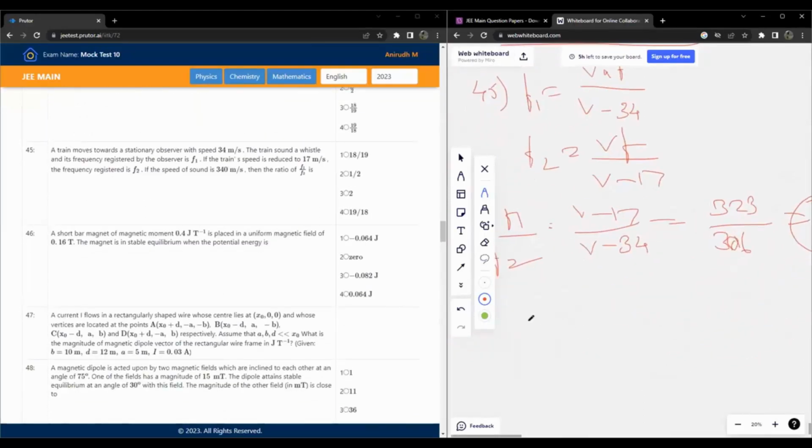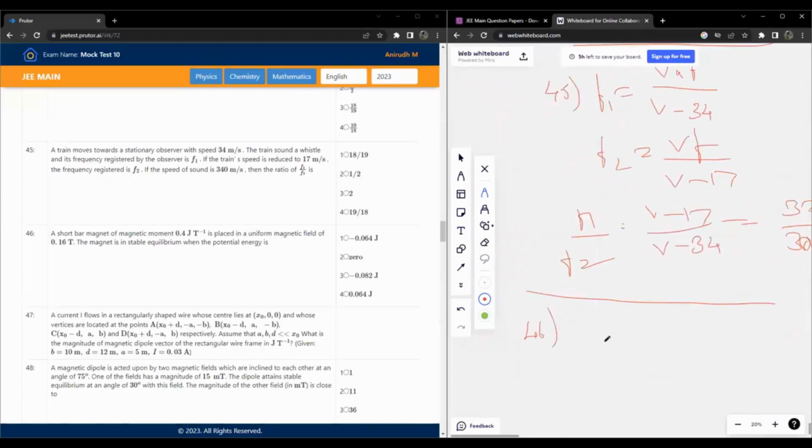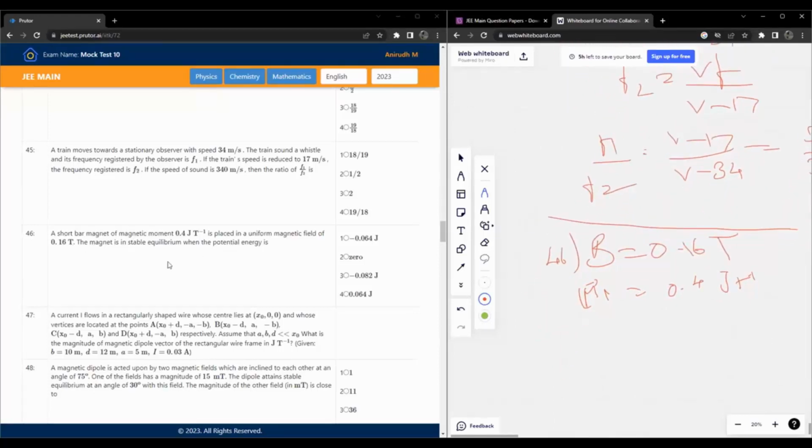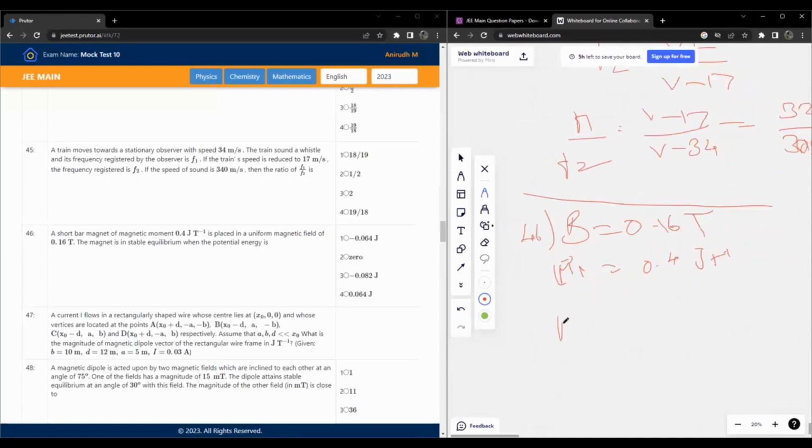46. A short bar magnet, magnetic moment 0. B is equal to 0.4. It's given by 0.4 joule per second. So the magnet is in stable equilibrium when potential energy is basically, wait, stable equilibrium is for mb cos theta, but theta is 0, right?